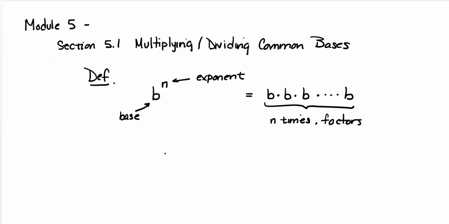So if I gave you something like 2 to the 5th, 2 is your base. 5 tells you how many times you're going to be multiplying 2 by itself. It's your exponent. So don't get confused. It's not 2 times 5. Okay, it's 2 times 2 times 2 times 2 times 2.